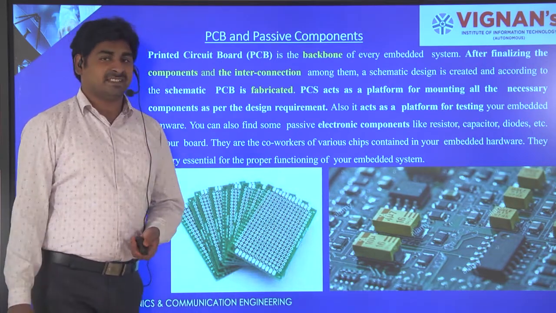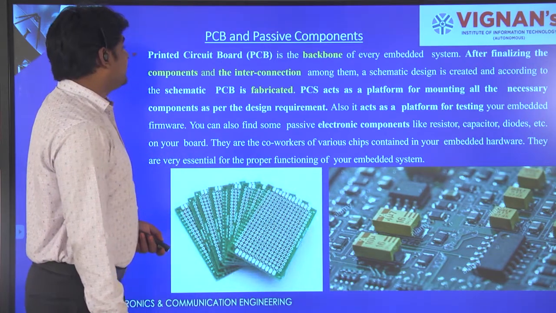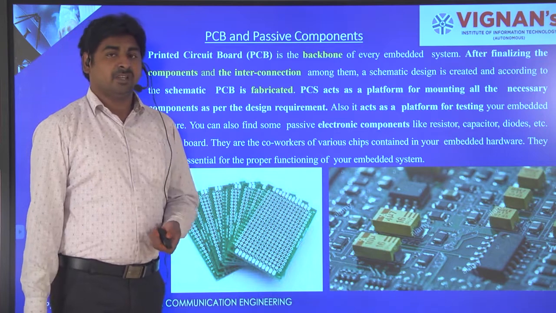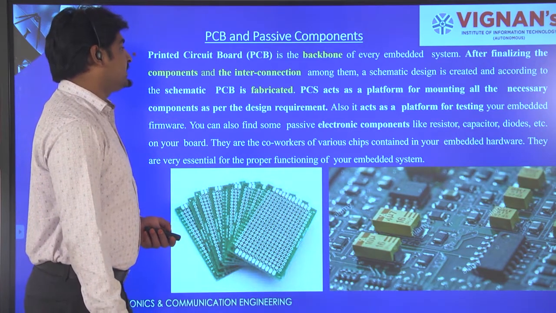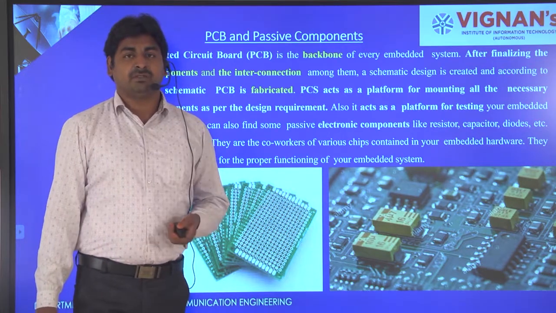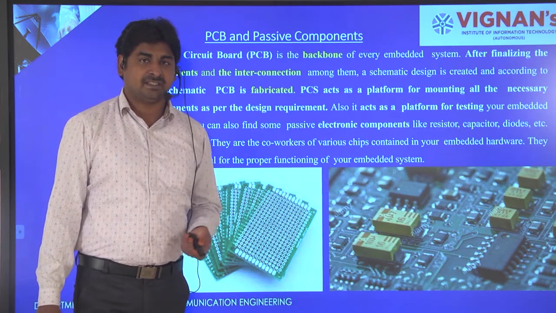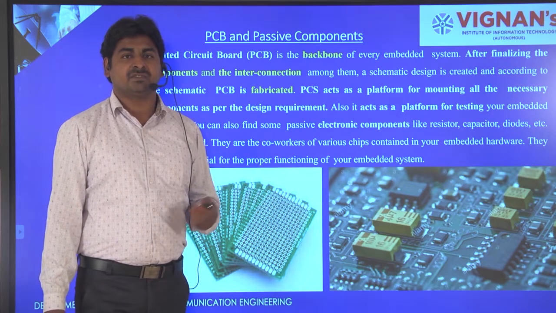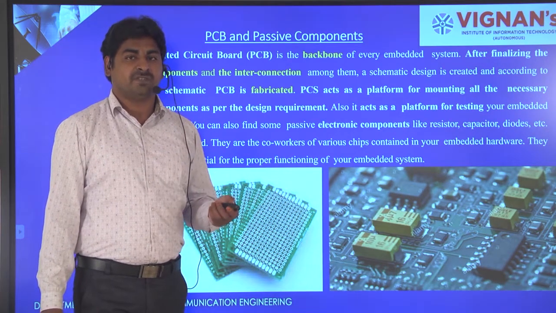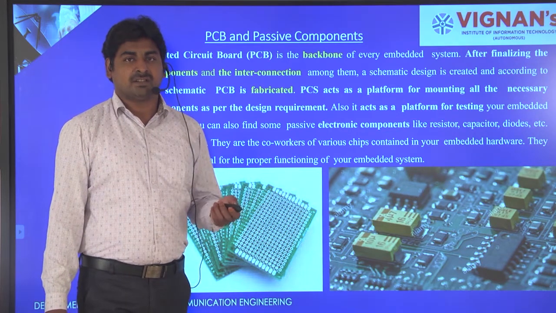And PCB and passive components. Now PCB means printed circuit board. It is like a backbone for the embedded system. Whatever circuit, the hardware present in the embedded system, internally consists of several interconnected components.